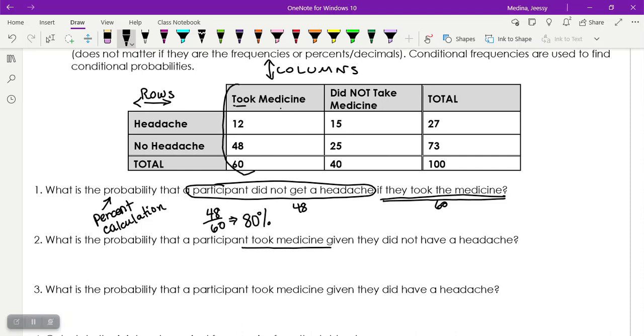So that's why I'm saying, is it these? Over here it says did not have a headache. We're the ones that don't have a headache. You see how it says no headache? So that's okay, but you said you were confused and you didn't elaborate, so I wasn't sure. Well, are we going to be using the 12, 48, 60 or the 48, 25, 73 to answer? Which numbers are we going to be using?